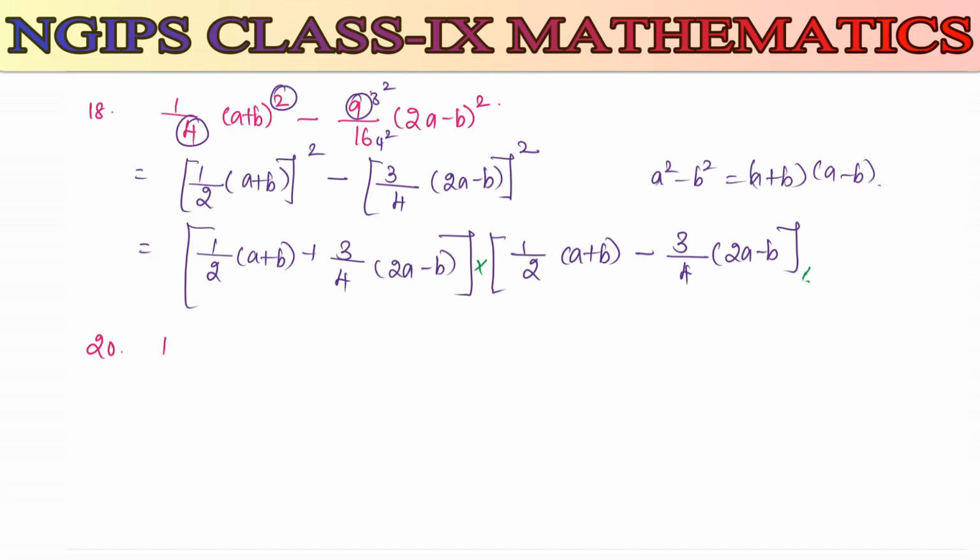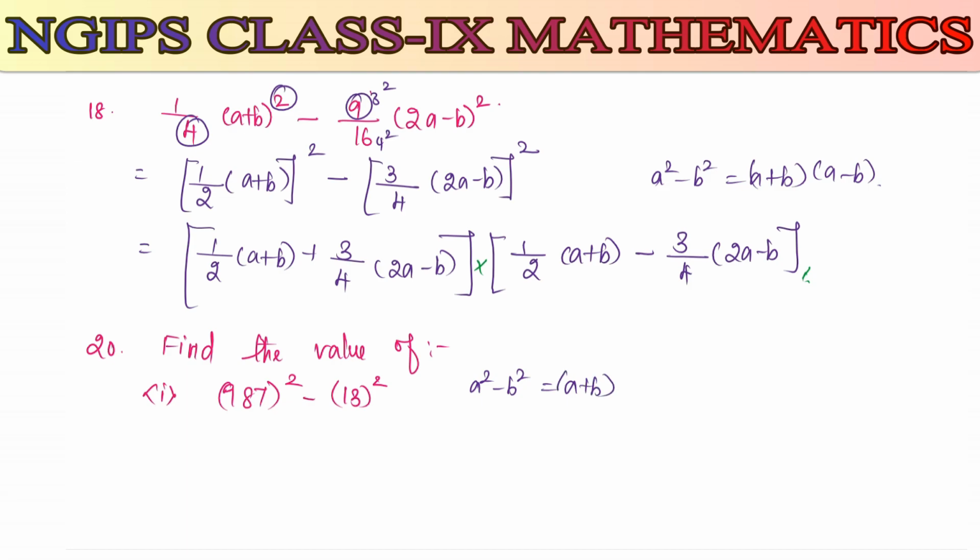We need to find the value of the first one, 987 whole square minus 13 square. So I am going to use the identity. This is in the form of a square minus b square is equal to a plus b into a minus b. So we'll get here 987 plus 13 into 987 minus 13.